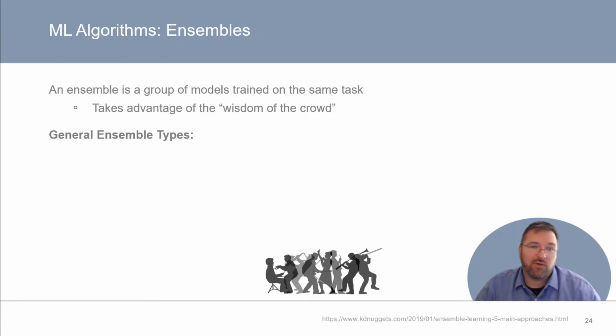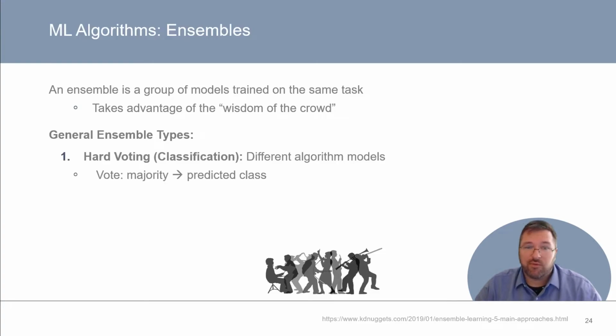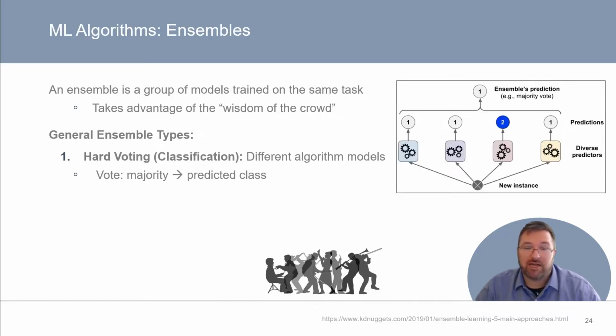At a higher level, there are a few general types of ensemble approaches. The first is referred to as a hard voting ensemble, which is applicable to classification problems. Here, separate models trained on the same problem are utilized as a collection of voters, each submitting their class prediction. This majority vote is then translated into a class prediction based on some voting decision threshold.